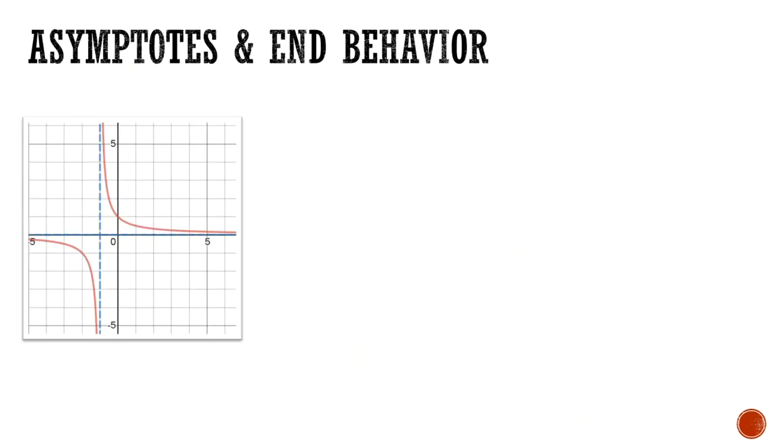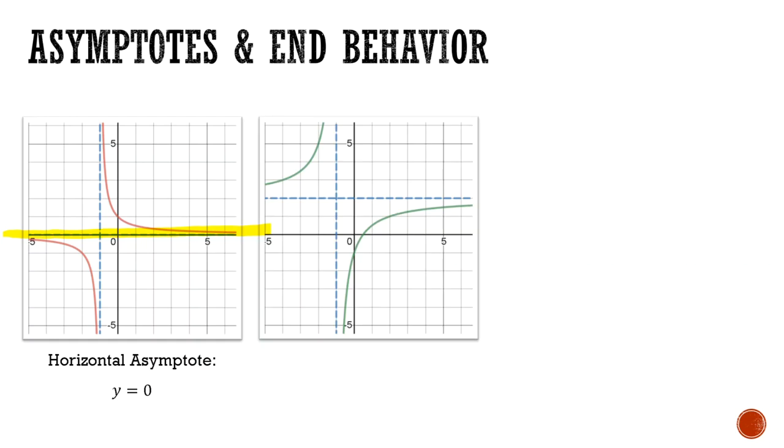All right, so we're going to look at a couple examples here. First of all, we have a rational function. You'll notice that we have a horizontal asymptote describing the end behavior right there at y equals 0. Or we can have a horizontal asymptote at a numerical value like y equals 2.